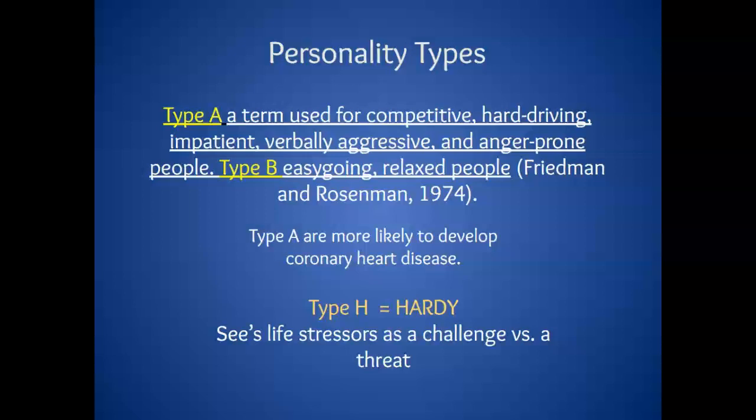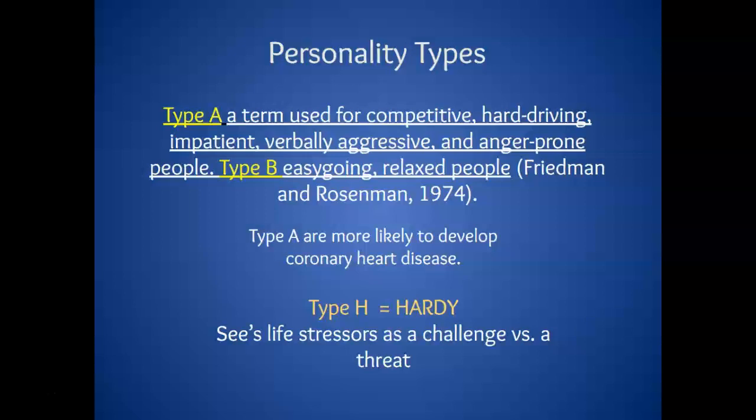Type B, I like to call them the hippie personality type. They are easygoing and relaxed. Nothing seems to ruffle their feathers, and they are just chill all the time. Now, here's the thing to know. Type A people are definitely more likely to develop coronary heart disease as they get older.